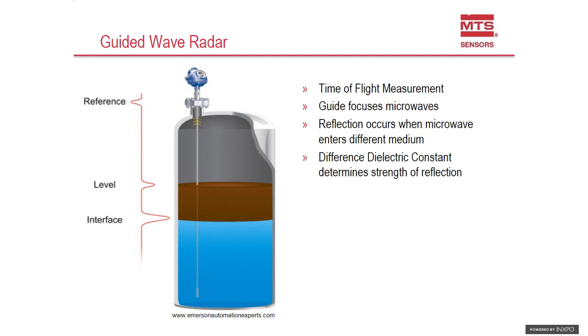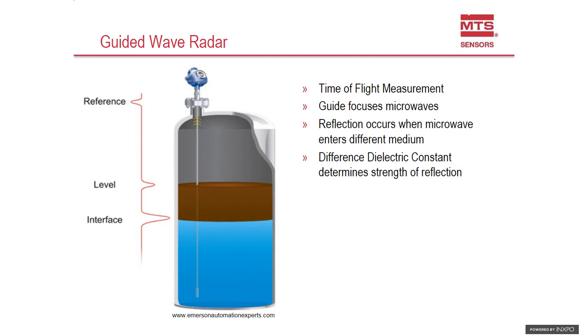This way it's able to have better performance in certain applications than the standard through-the-air radar. So it sends it out, and then as it hits the different liquids or the different mediums, depending on the dielectric constant of that medium, it sends a return pulse back up to the electronics. So the electronics use this to do a time of flight measurement to determine how far away the liquid is.